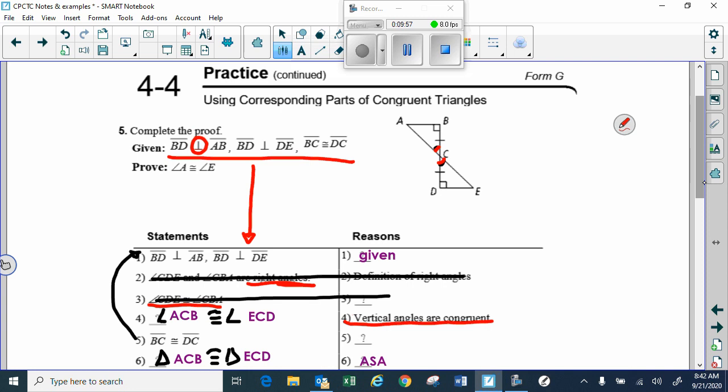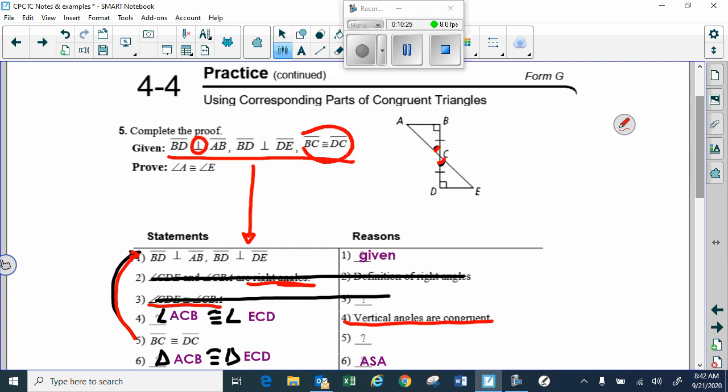So now we have enough to prove the two triangles congruent by ASA, right? Oh, this number 5, for whatever reason, and sometimes they do this even on the DCAS, they will not put all the givens in the first statement. That's why you see me draw an arrow back up here. They should put all the givens.